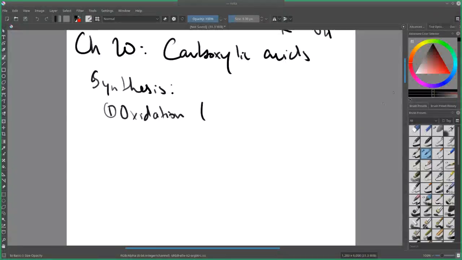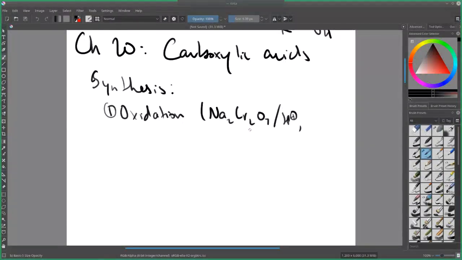Does anybody want to tell me a way that you can oxidize something to be a carboxylic acid? There's 5 or 6 of them. Dichromic acid. Okay, yeah, so normally coming in the form of sodium dichromate, right? And acid? Yeah, I think so. Okay, that's one way.